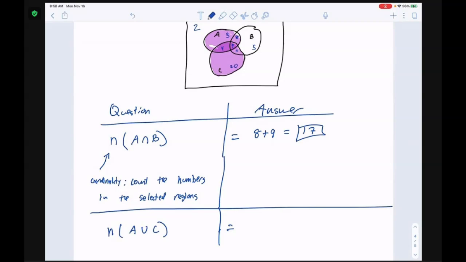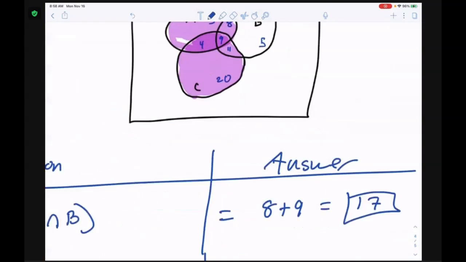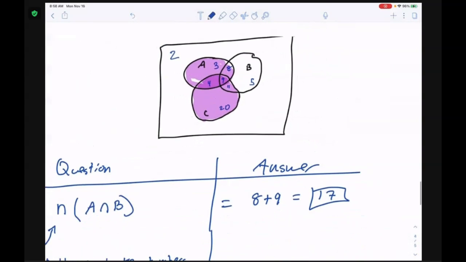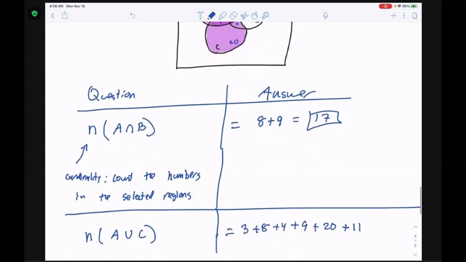So it'll be all that is in A plus all that is in C. So what is it? 3, 8, 9, 4 plus 20, 4 plus 11, plus the 11.